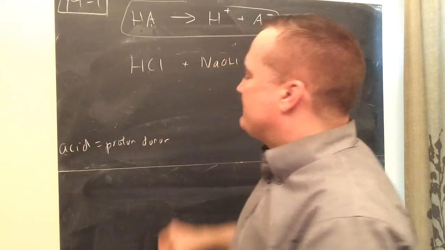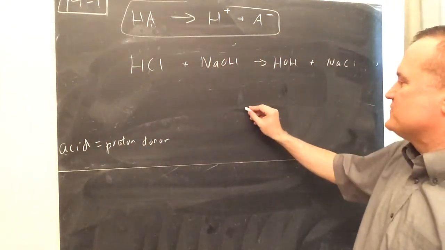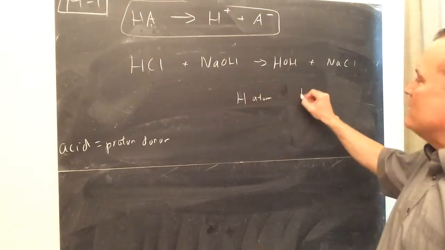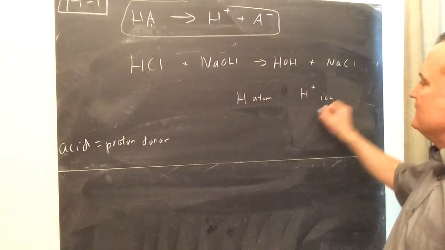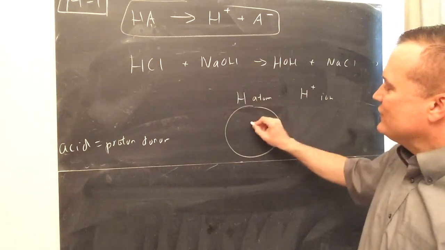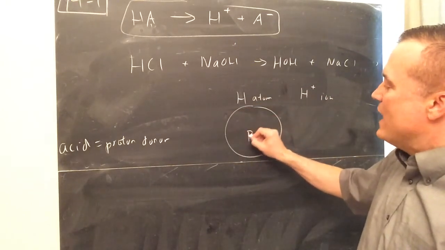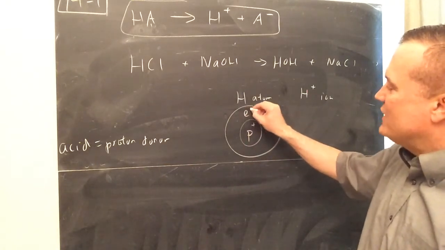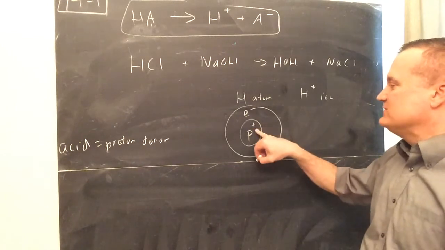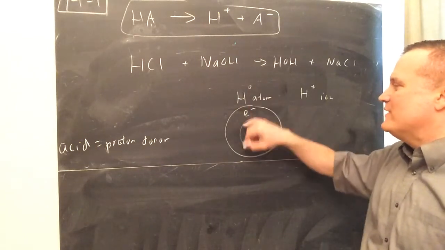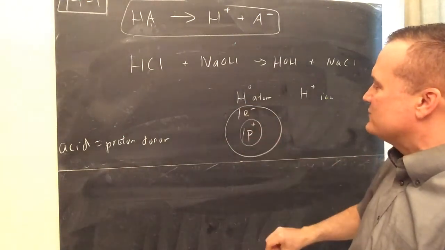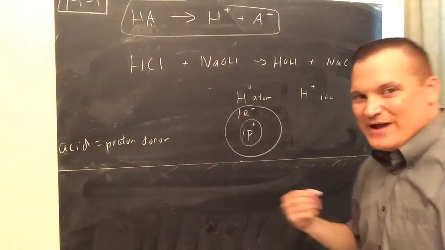Now, what do I mean by proton? Let's watch this for a moment. Let's draw a hydrogen atom. Then we'll draw an H plus ion. In a hydrogen atom, there are 2 parts: a proton that's positive 1 and 1 electron that's negative 1. Positive 1 plus negative 1 gives you 0. So a single hydrogen atom has 1 electron and 1 proton. You know that from way back.